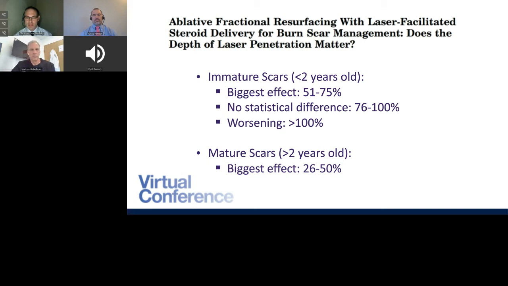At depths a little bit deeper, 76 to 100%, there was no statistical difference in findings, and anything greater than 100% was noted to be worsening. Within the mature scar category, these are scars that were greater than 2 years old, they saw their biggest effect at a little bit lower energy settings at 26 to 50%.